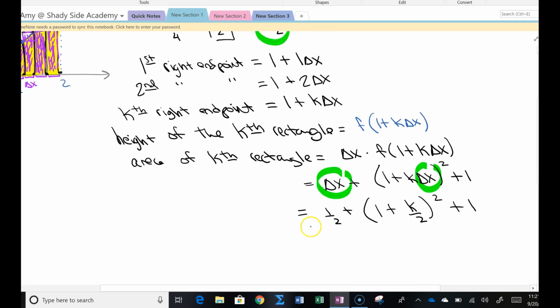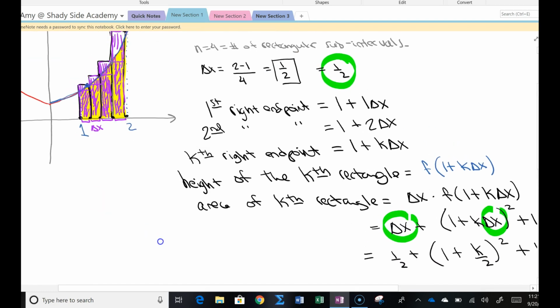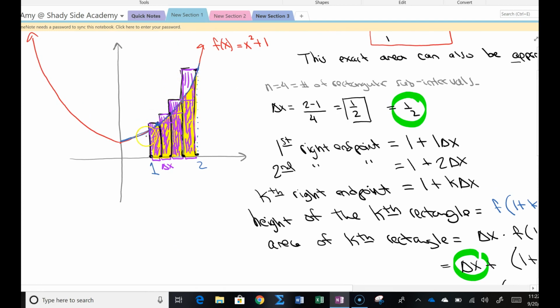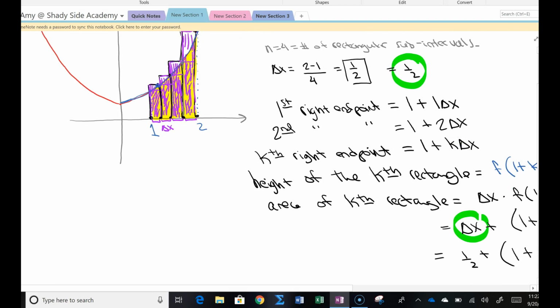This is the area of the kth rectangle. Now, in this picture here, I have approximated the definite integral using the area of 4 rectangles, which I just arbitrarily chose.